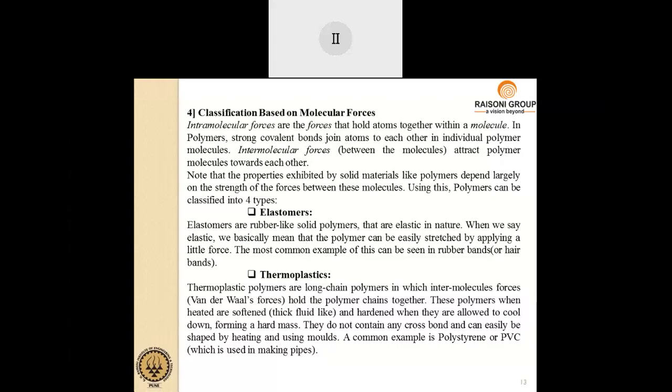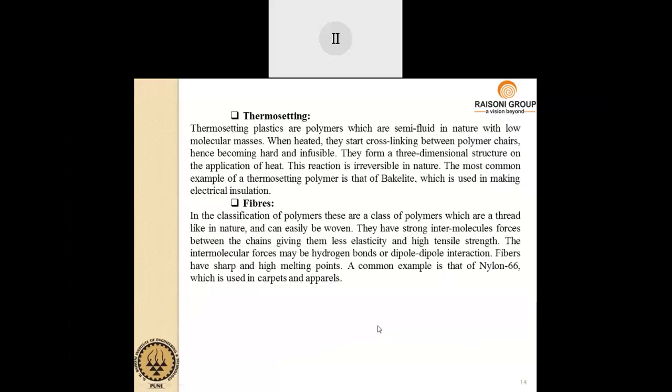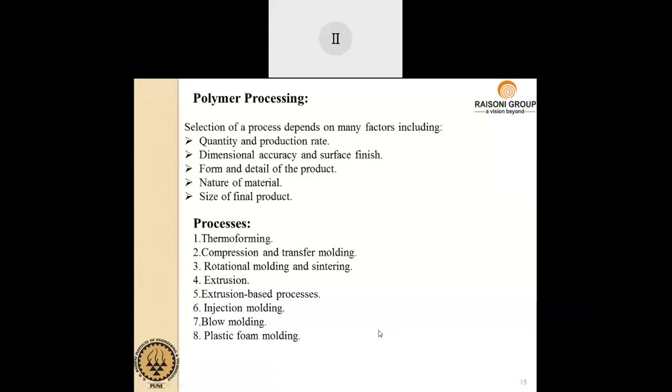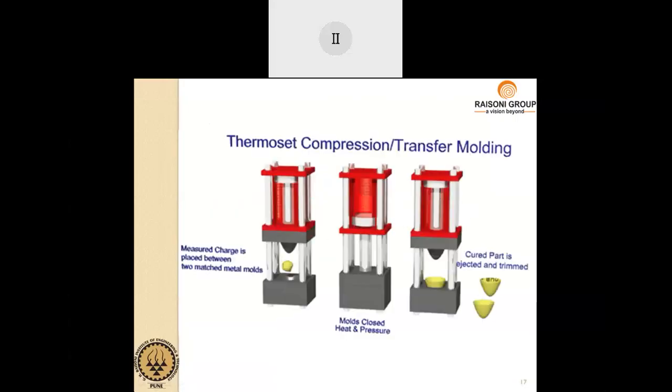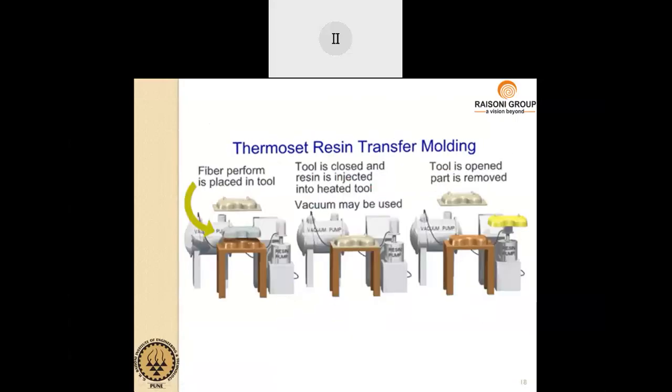Today up to this, and in the next classes we will see elastomers, thermoplastics, thermosetting and fibers, and again we will see different polymer processing processes.